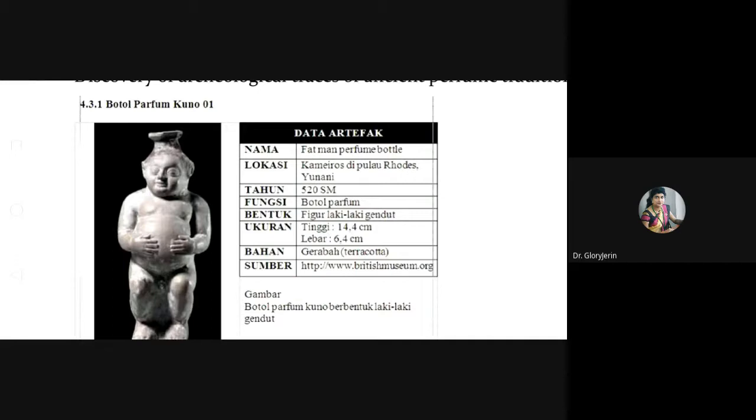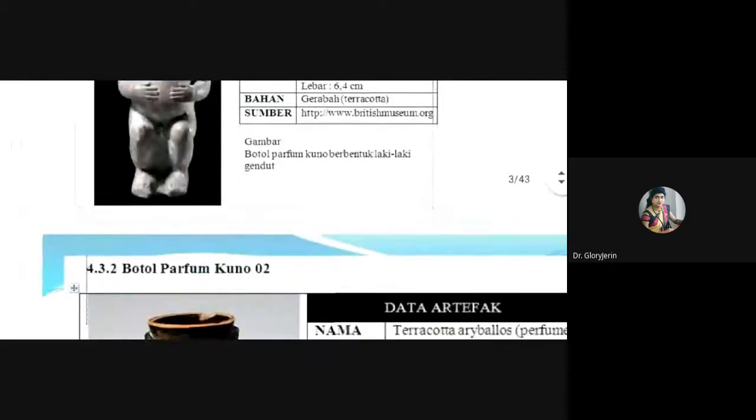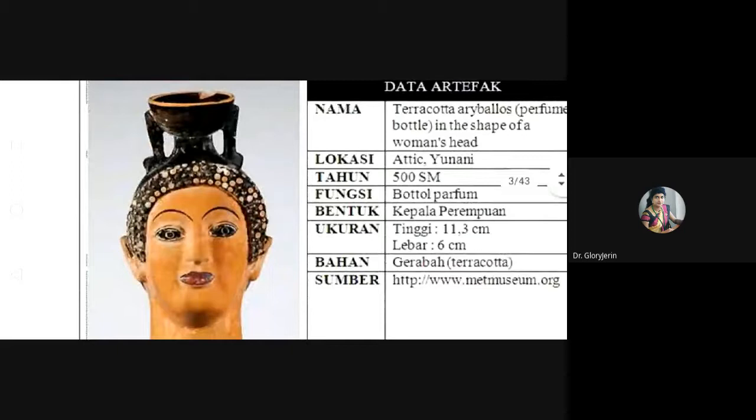We can interpret it: this perfume is used by a man. Another bottle has another shape. We can see the shape of a human head, so we can also interpret it differently. Another bottle, this is used by a woman.